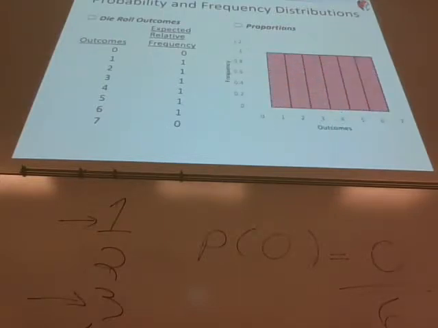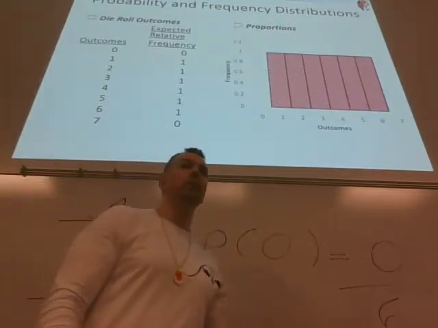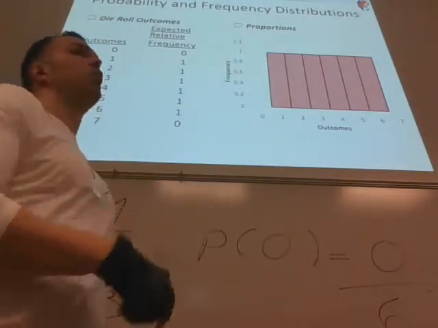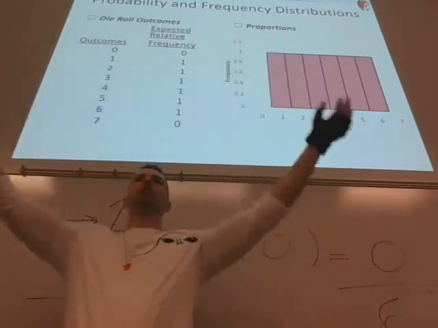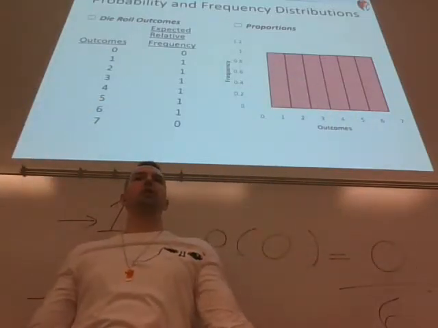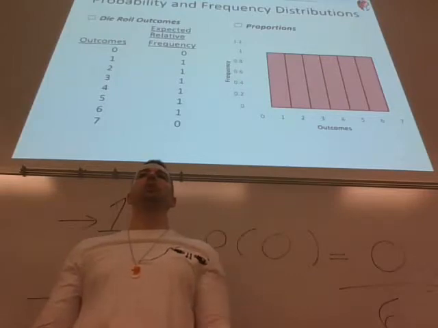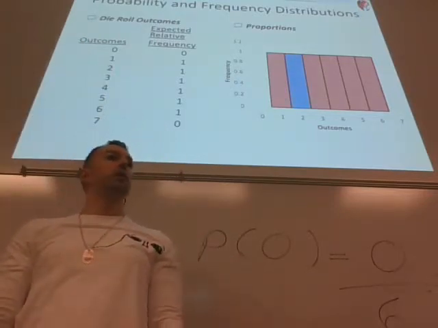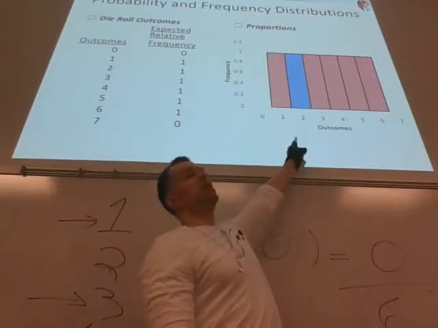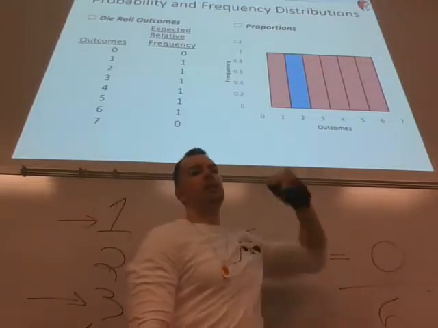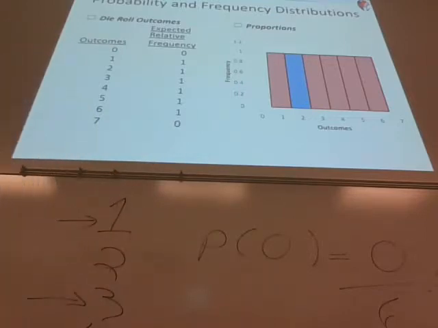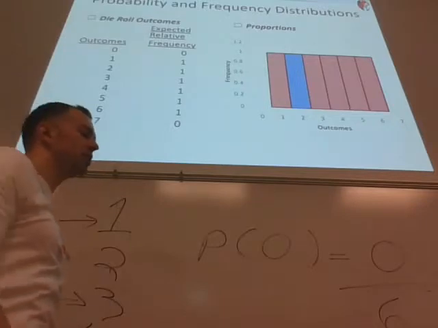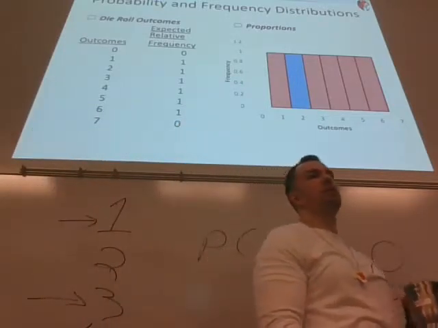The statistical way, you would take a look at your frequency distribution here, and you would say, all right, this entire distribution is 100%. And what part of that distribution is where I win? Well, that blue part is where you win. If you roll a 2, you fall into that bar right there. So what proportion is this blue bar of the entire frequency distribution? That blue bar is 17%.